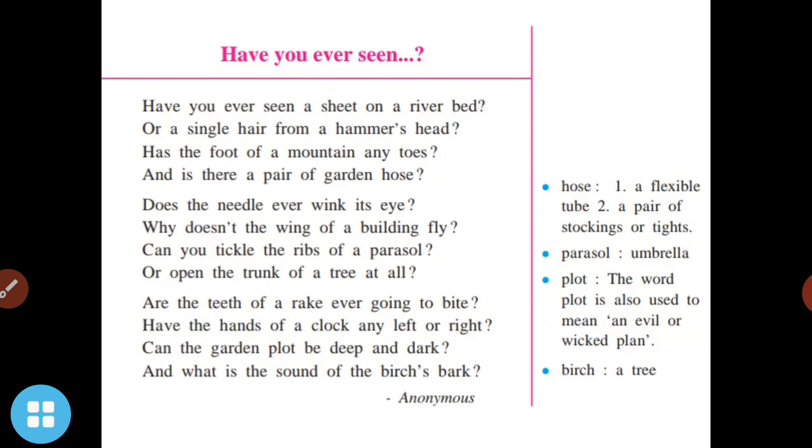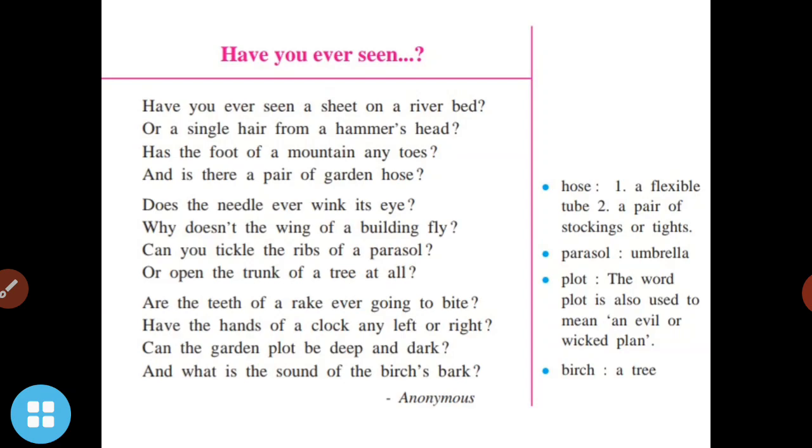And now we have come to the poem. The poem's name is Have You Ever Seen, and it is given here with a question mark. The writer is asking, have you ever seen, in his imagination, in his own thinking.